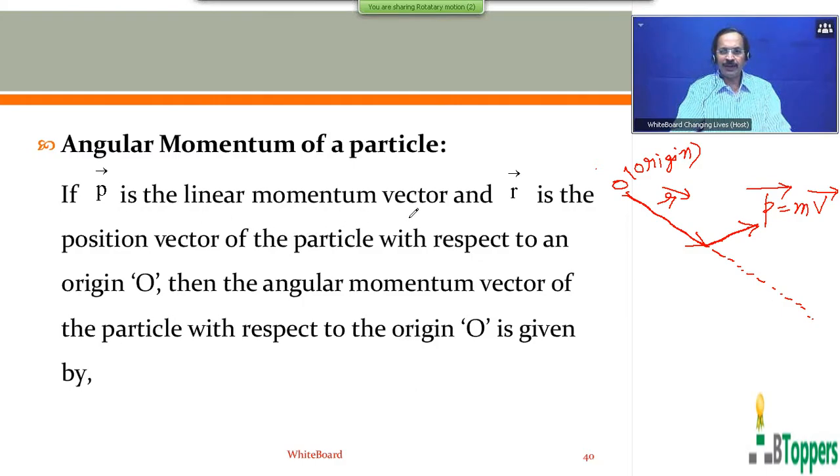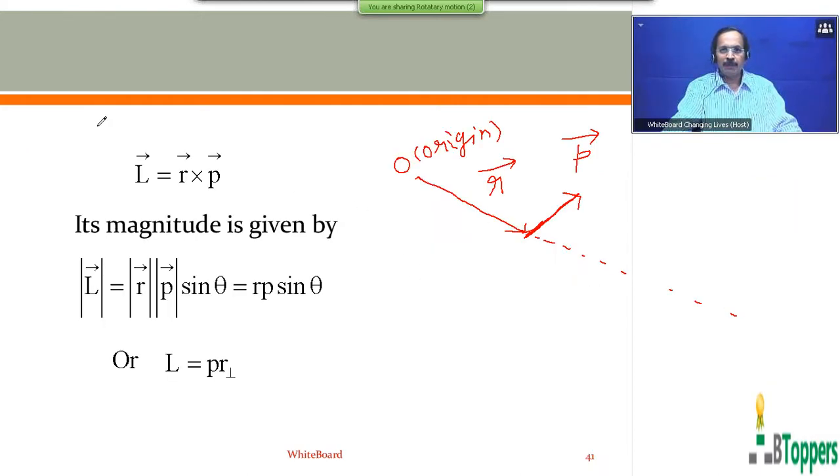If P bar is the linear momentum vector and R bar is the position vector of the particle with respect to the origin O, then the angular momentum vector of the particle with respect to the origin O is given by, those who are writing the notes can take a pause and finish writing, L bar equal to R bar cross P bar.